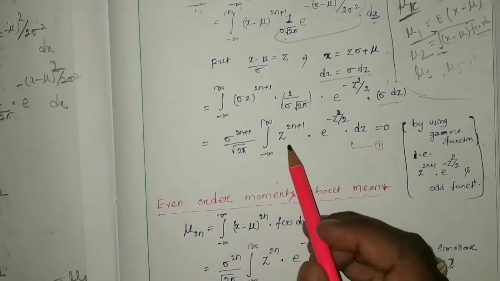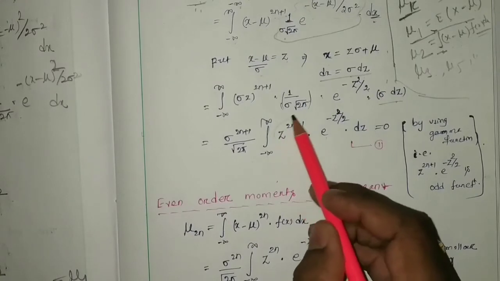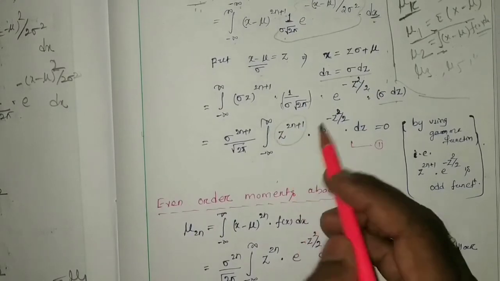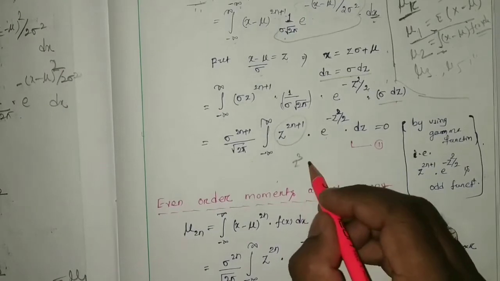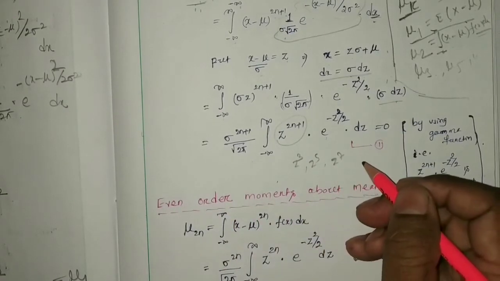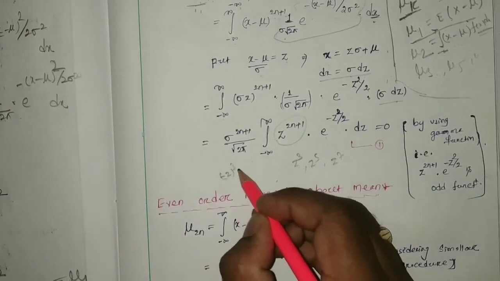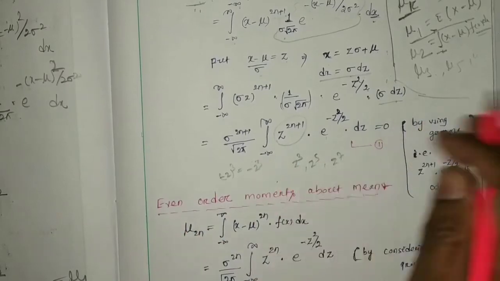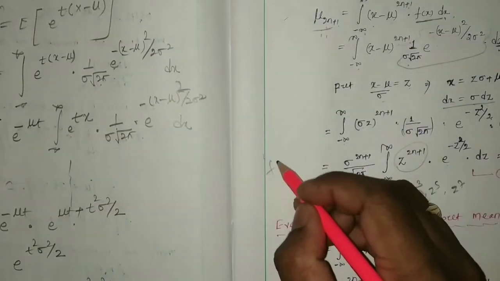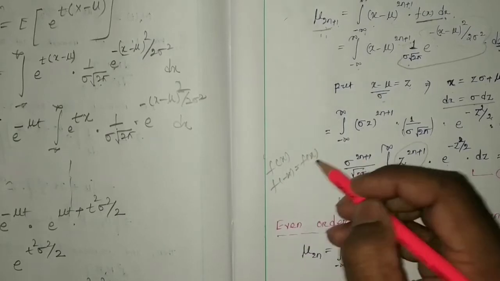Because here z to the power 2n plus 1 is always odd. That means z cube, z^5, z^7 is an odd function always, because if we consider minus of z cube, it is nothing but minus z cube. As we know, if for the function f(x), f of minus x equals f(x), then it will be called even.